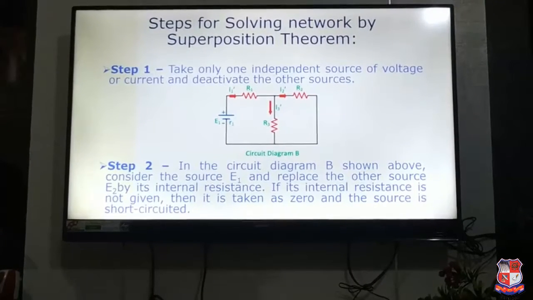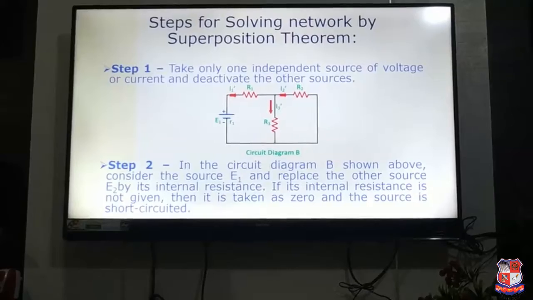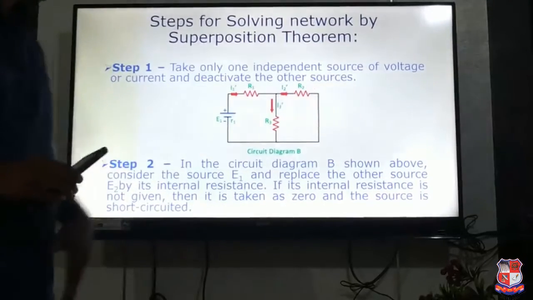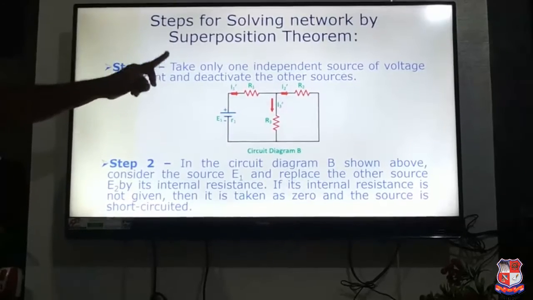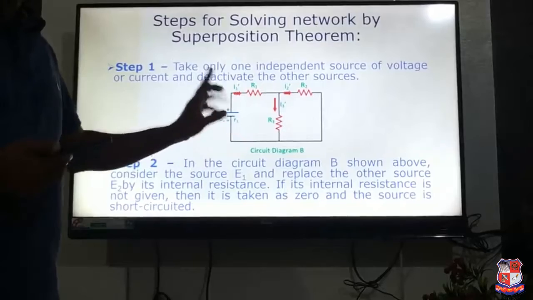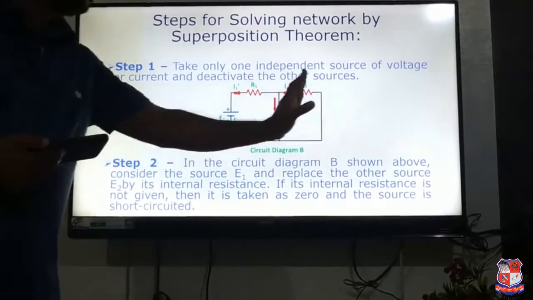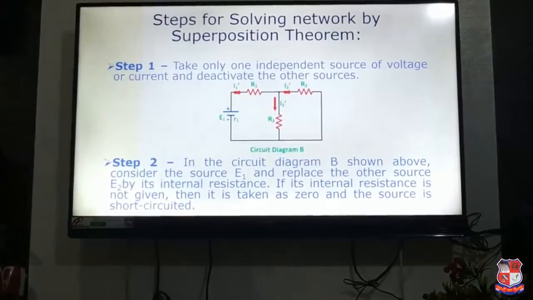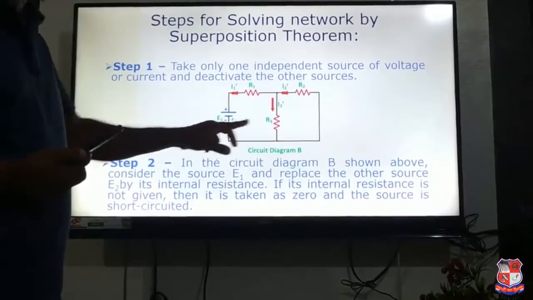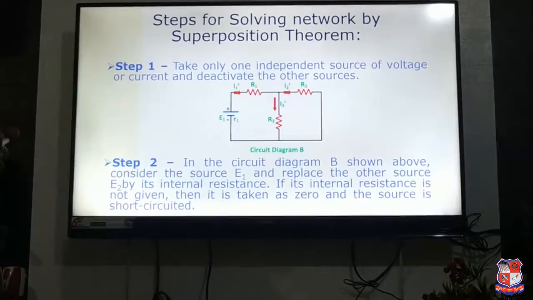Okay, to solve this network by the superposition theorem, the first step is take only one independent source of voltage or current and deactivate the other sources. That means we have to take only one voltage or current source in the circuit and the second source we have to deactivate. So in this circuit, only one source is activated and the other source is deactivated.